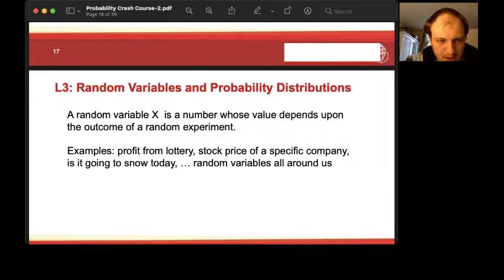Okay, if not, we can continue with the next topic, which is random variables and probability distributions.